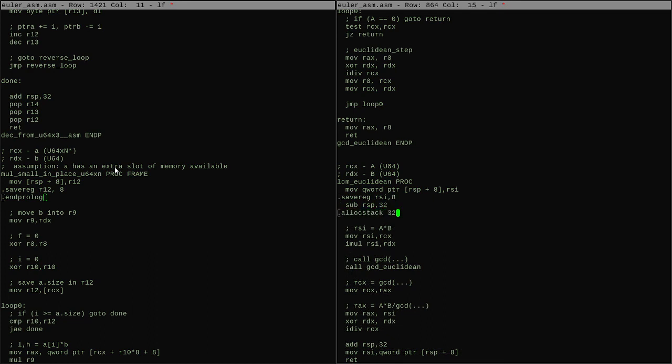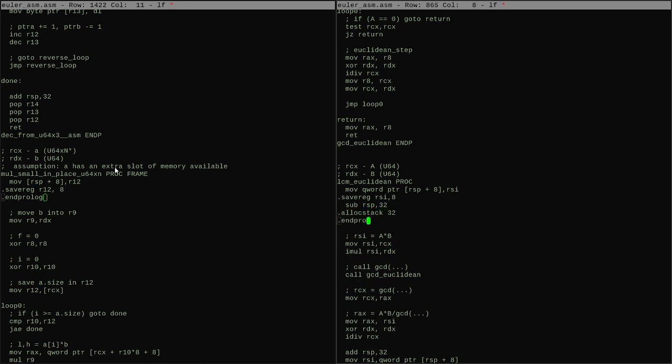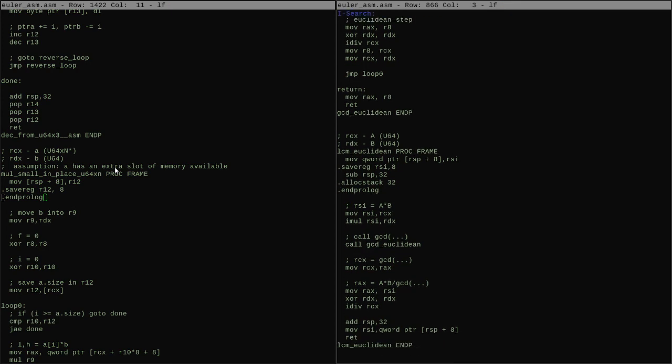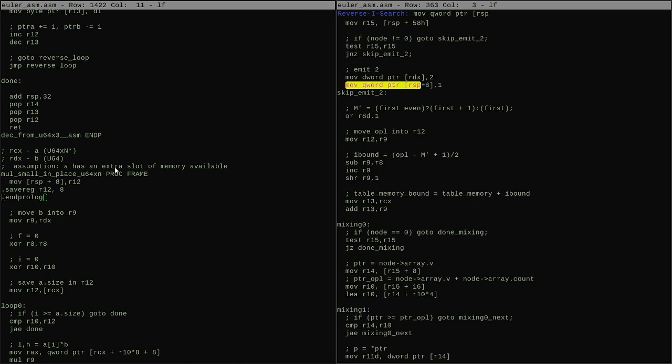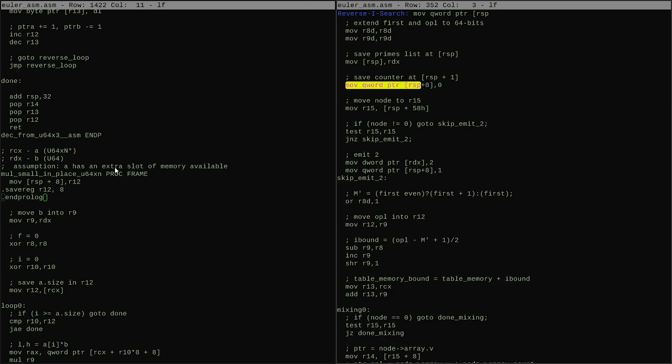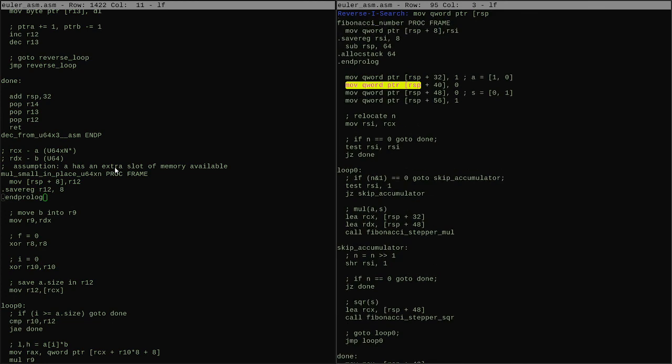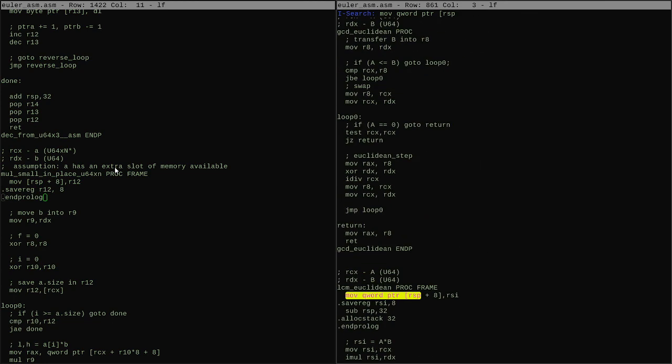Alloc stack 32 and prologue, that's a frame. Mov keyword putter RSP. Yep, that looks like all of it.